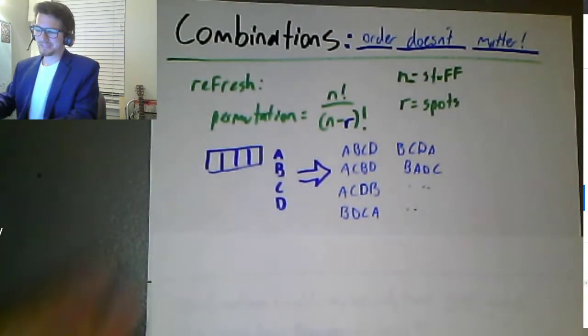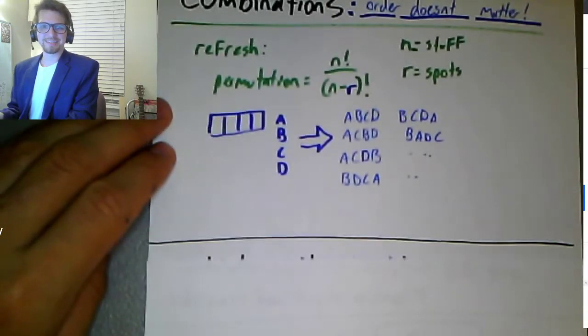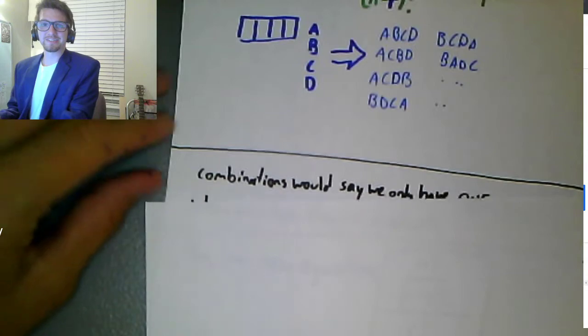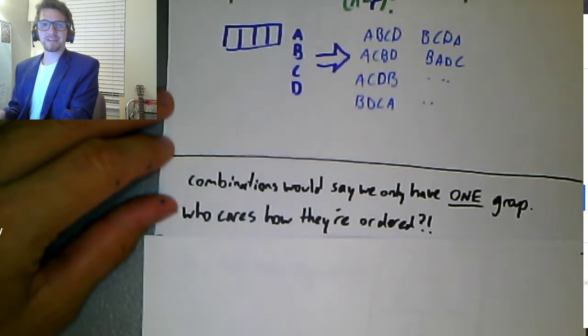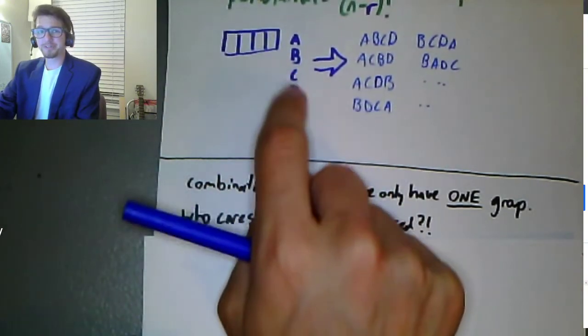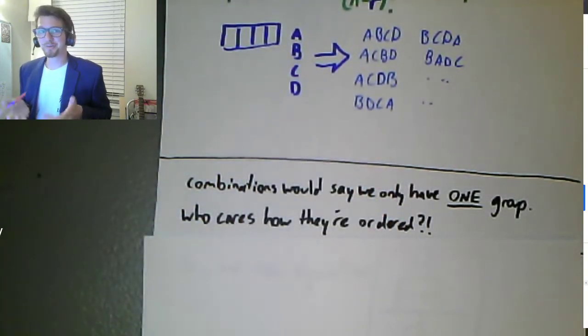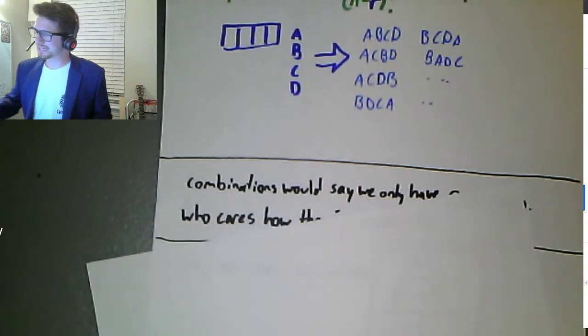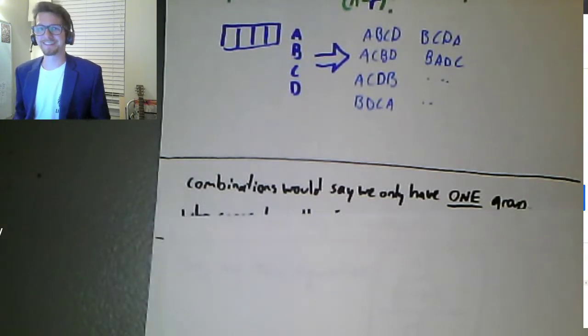Well, the cool part about this is that's permutations. When it comes to combinations, combinations would say, dude, we only have one group here. It doesn't matter what order they're in. As long as we have all the pieces, that's a group. Sort of like if you have three friends, okay?